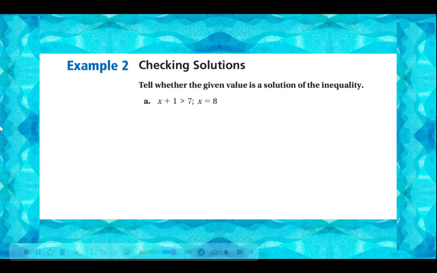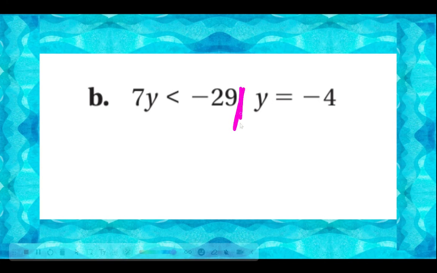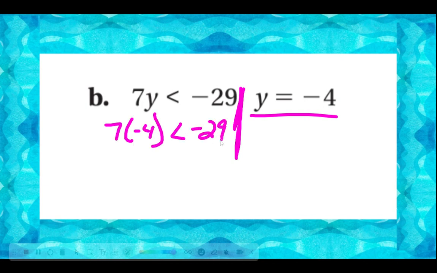Okay, here's another one. At the semicolon, draw a dark line. This time we're putting in -4 for y. So 7 times -4 is less than -29. So 7 times -4 is -28. Is -28 less than -29? Think about the number line.